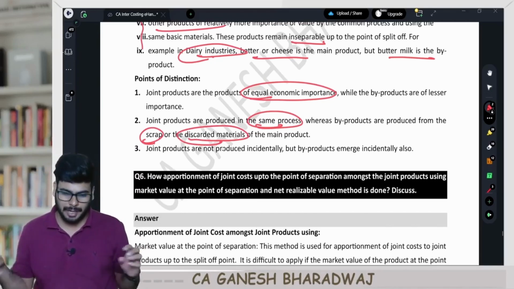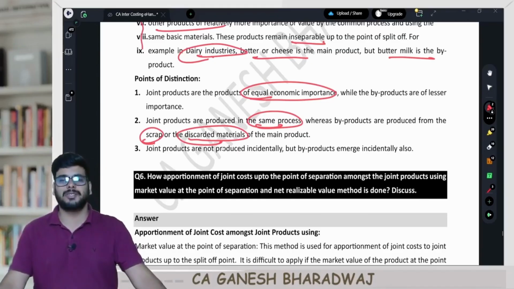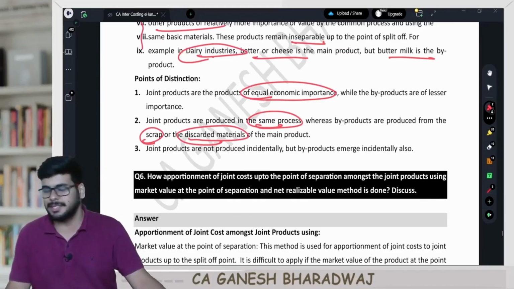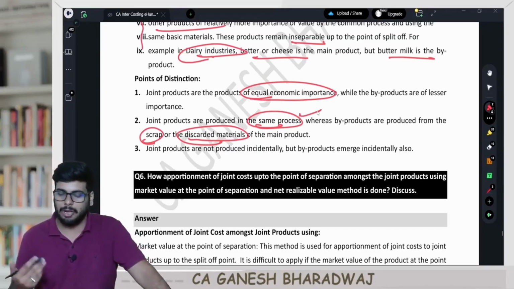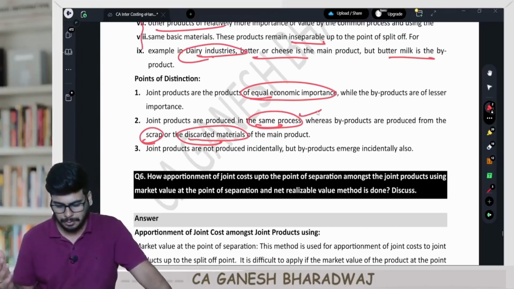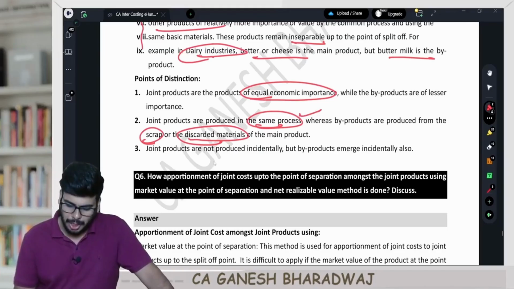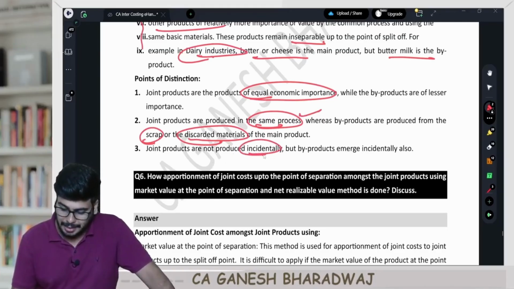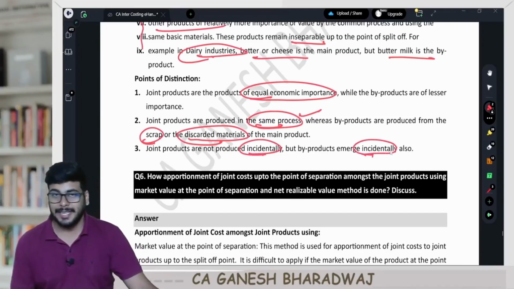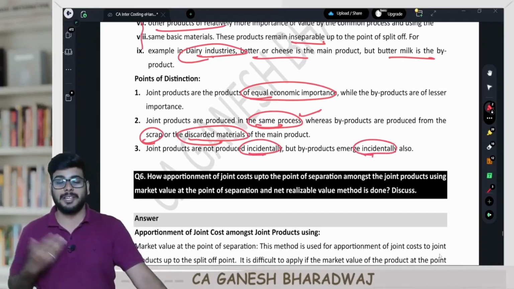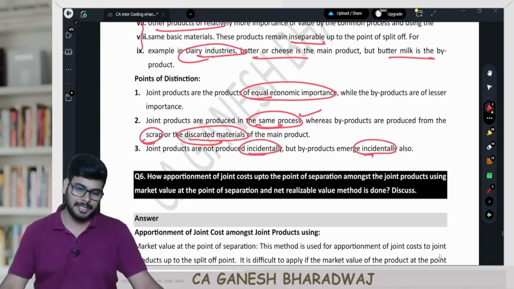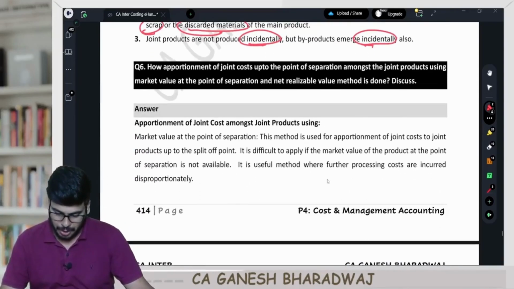It is generally required because byproducts cannot be sold as such. In certain cases, theoretically yes, but the practical distinction is that it always requires some level of further process. And joint products are produced intentionally, whereas byproducts are produced incidentally. Clear with this, right? So that is what they have given.